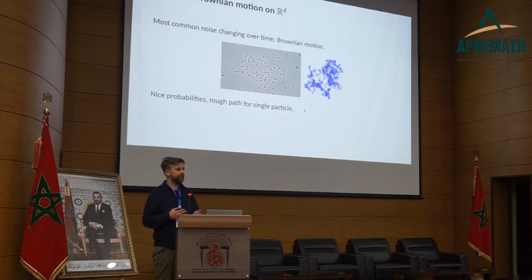Well, it's named after Robert Brown, who discovered it while looking at small pollen in water. These pollens are getting bullied all the time by the water molecules hitting them, and so they form a rather irregular pattern. And if you compute it, the curves that it follows are quite bad, but if you look at the probability of where it is at any given time, it's actually rather nice.